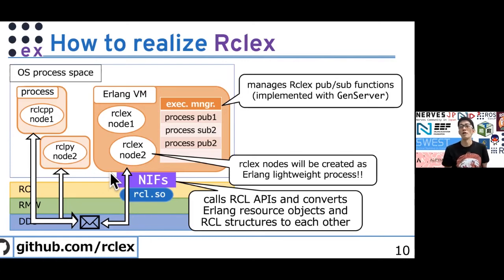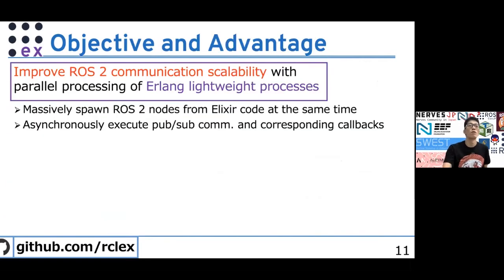Therefore, RCLEX nodes will be much lighter than those of RCL-CPP and RCL-Py. So the objective of our research is to improve robot communication scalability with parallel processing of Erlang lightweight processes.